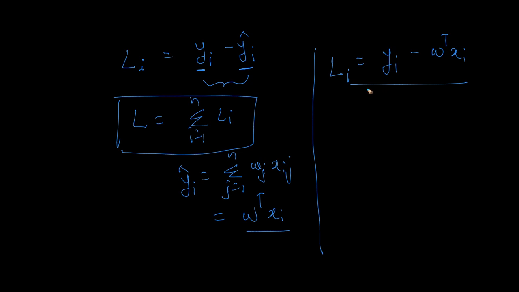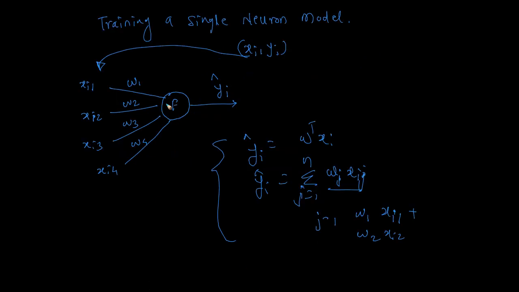Now if I generalize this loss for any neuron model, maybe logistic regression, linear regression, or any other model, the loss will be li is equal to yi minus f of w transpose xi. This w transpose xi is the weighted sum in this neuron model, right? It is the sum of wi's multiplied with xi's.